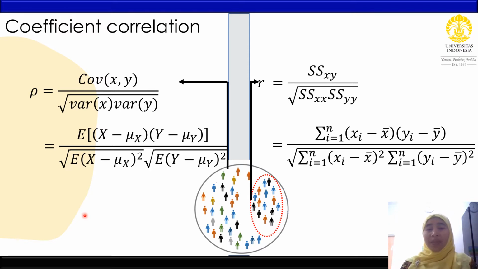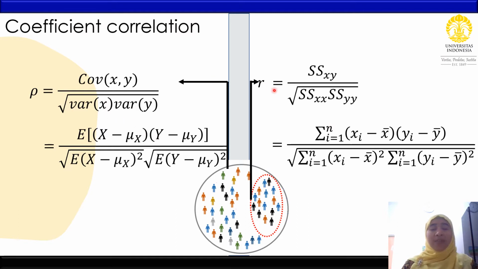What we can do is to get sample data and do our analysis based on that sample data. The same with the coefficient of correlation. So if we take a sample from this population, then the one given by the formula on this right side is the formula for the correlation between x and y for the sample data.